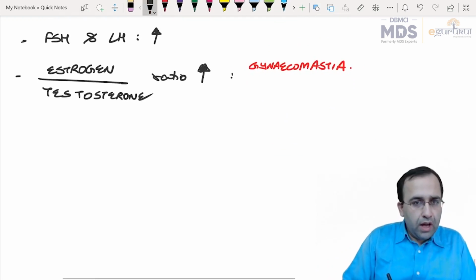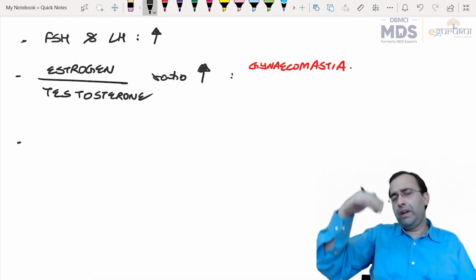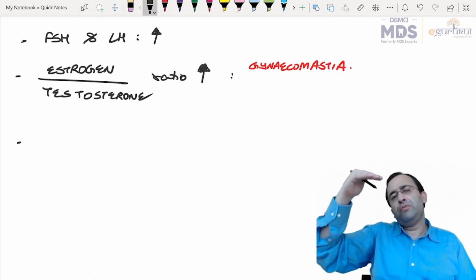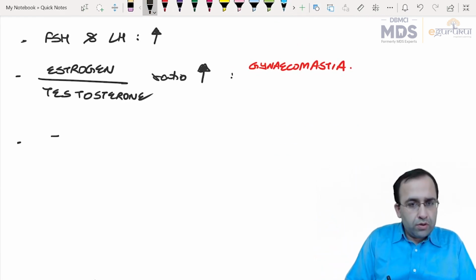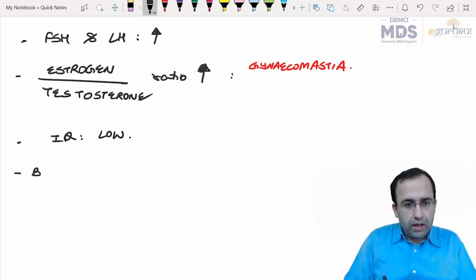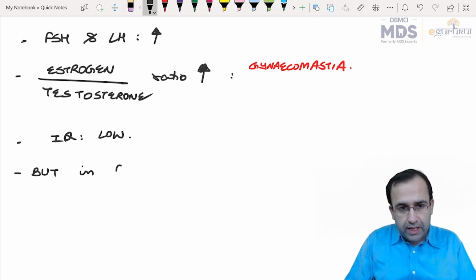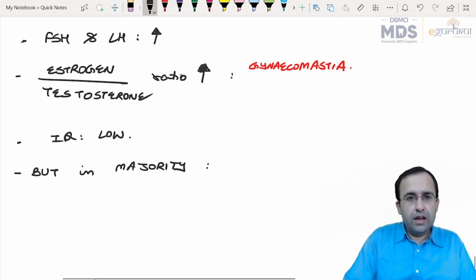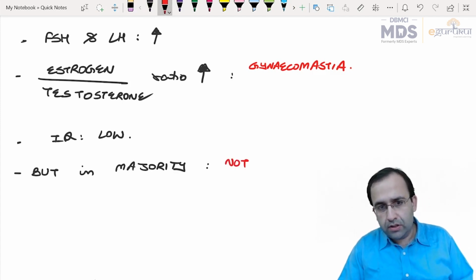Next point, IQ: low, normal, high? The more X chromosomes, the lower the IQ. So IQ is low. But in the majority of cases, Klinefelter's is not associated with mental retardation.